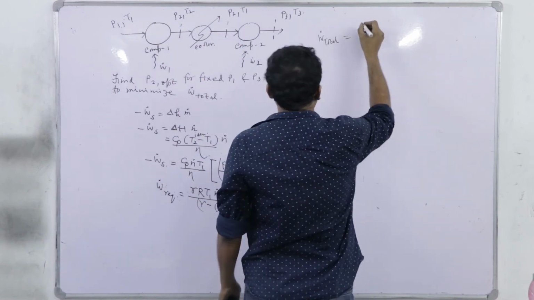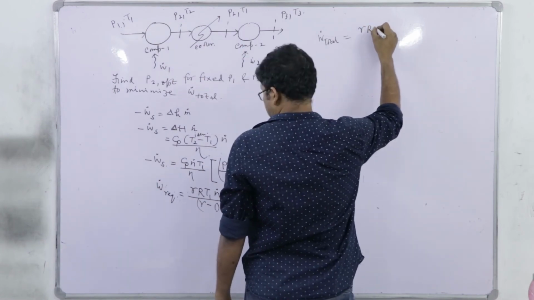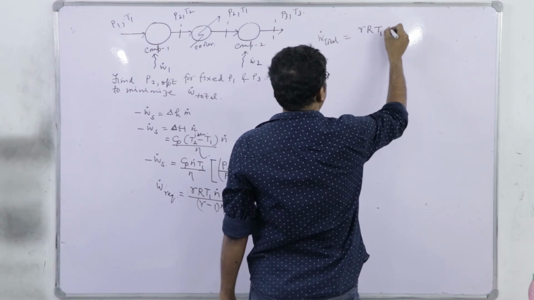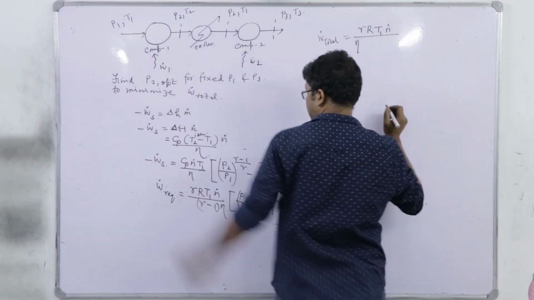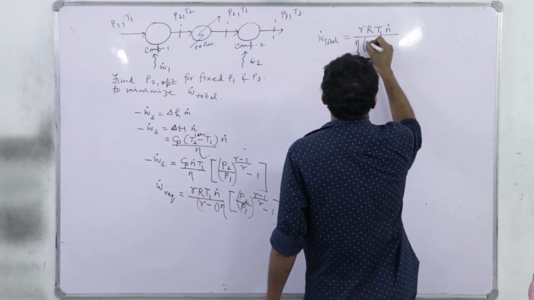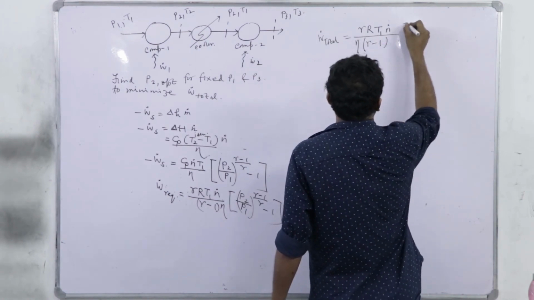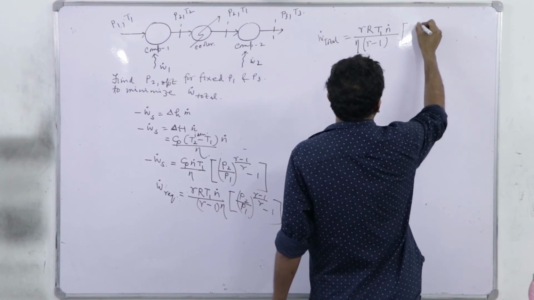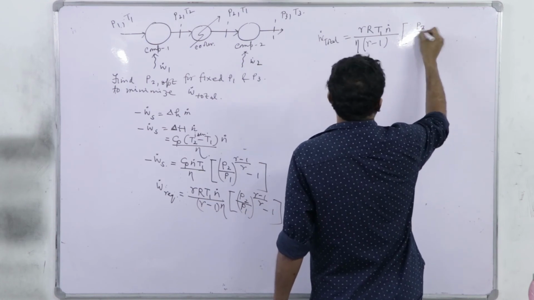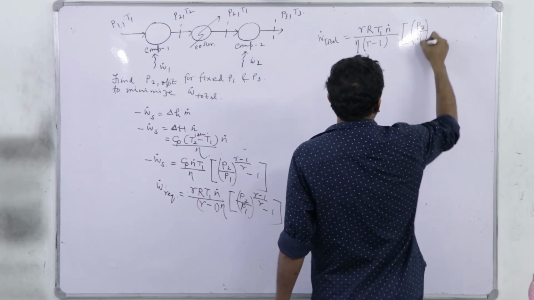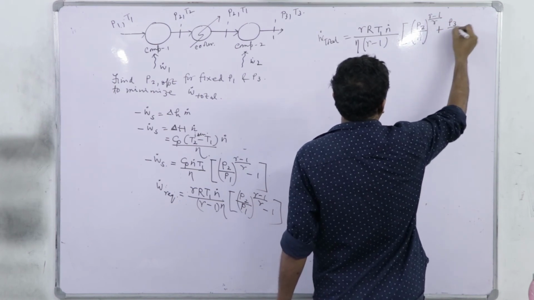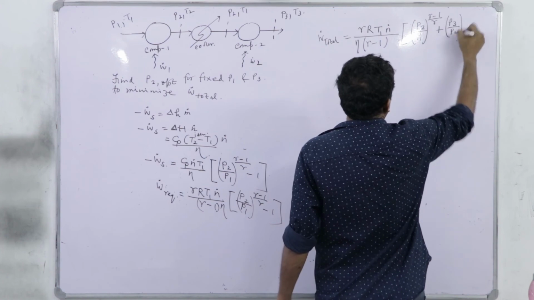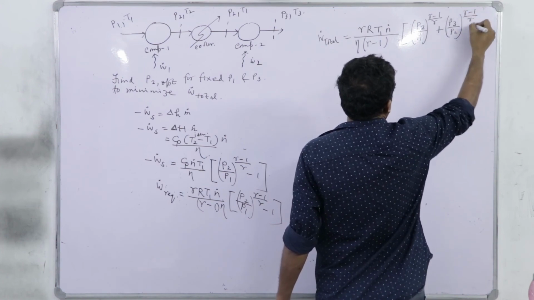So we can write gamma R T1 into N dot, and let's consider the two compressor stages are identical, eta into gamma minus 1, and here we will have P2 by P1 to the power gamma minus 1 by gamma plus P3 by P2 to the power gamma minus 1 by gamma minus 2.